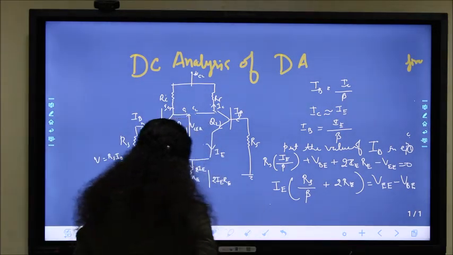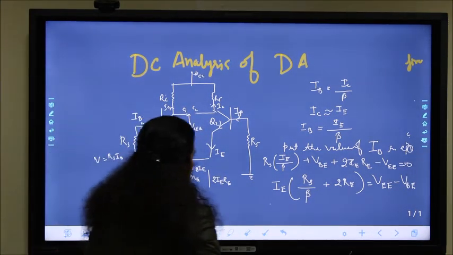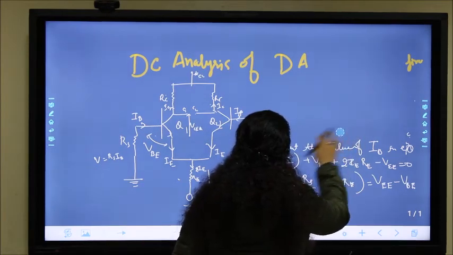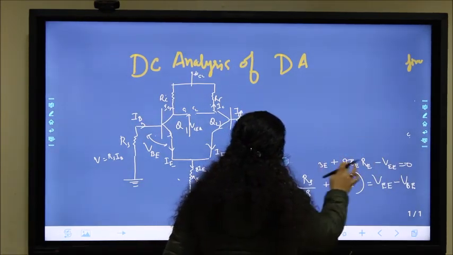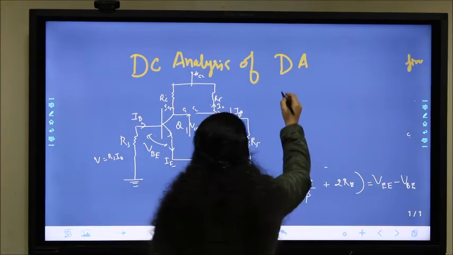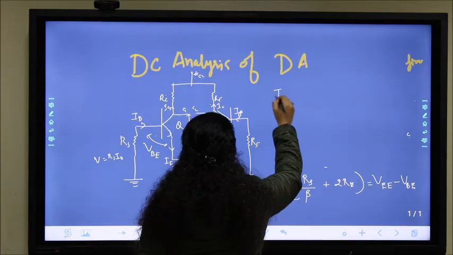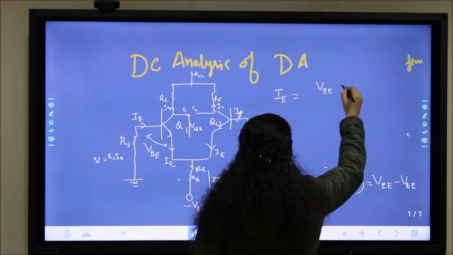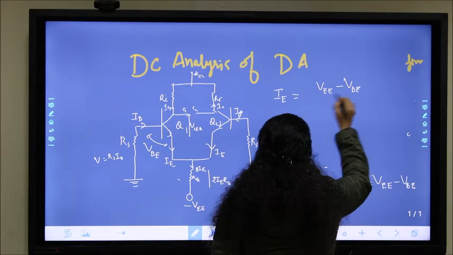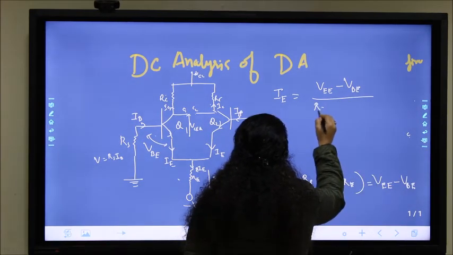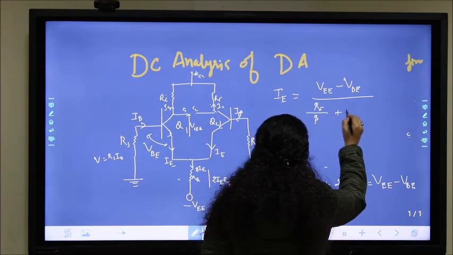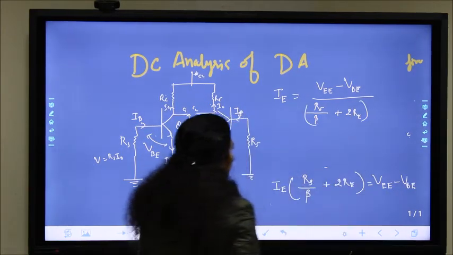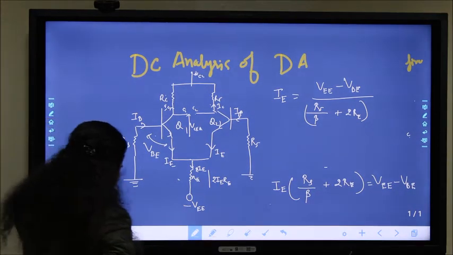Now from here, what is the value of IE? IE is equal to VEE minus VBE upon RS upon beta plus 2RE.